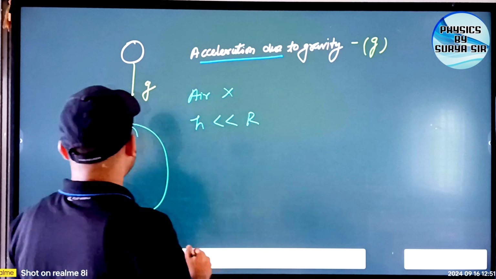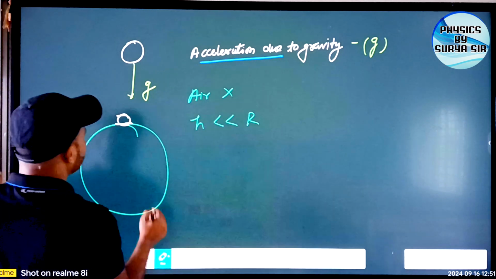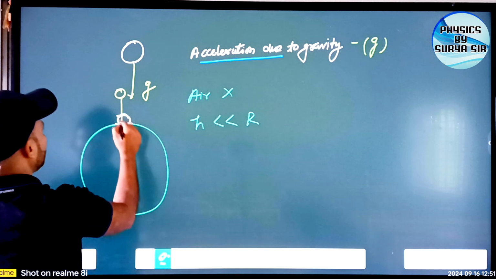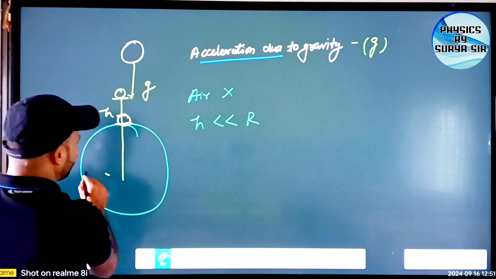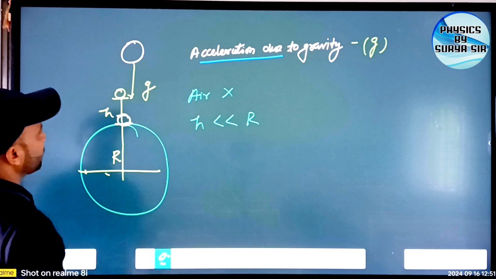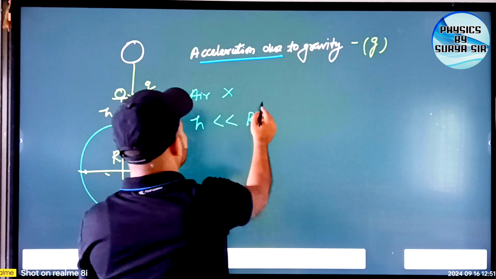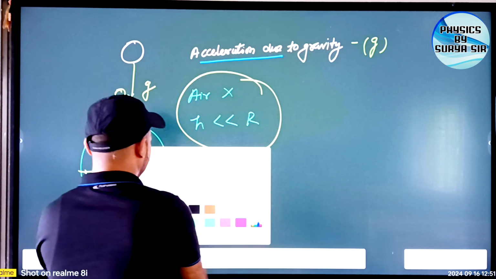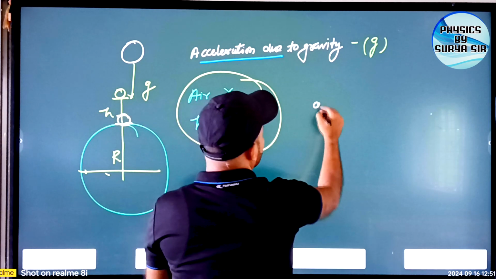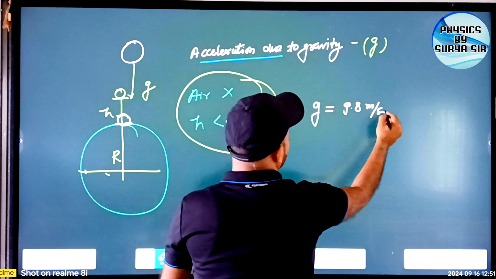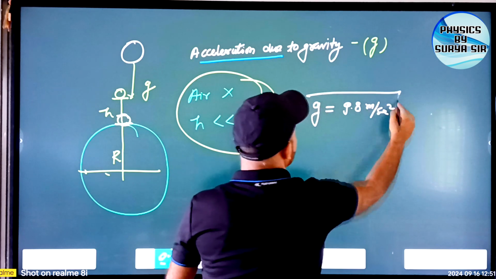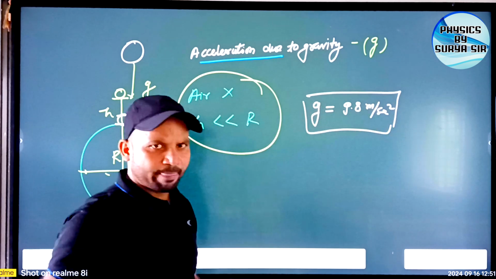Suppose the object is at this height, so the height h is negligible in comparison to the radius of Earth. In these cases, we get that the value of g is 9.8 meter per second square.